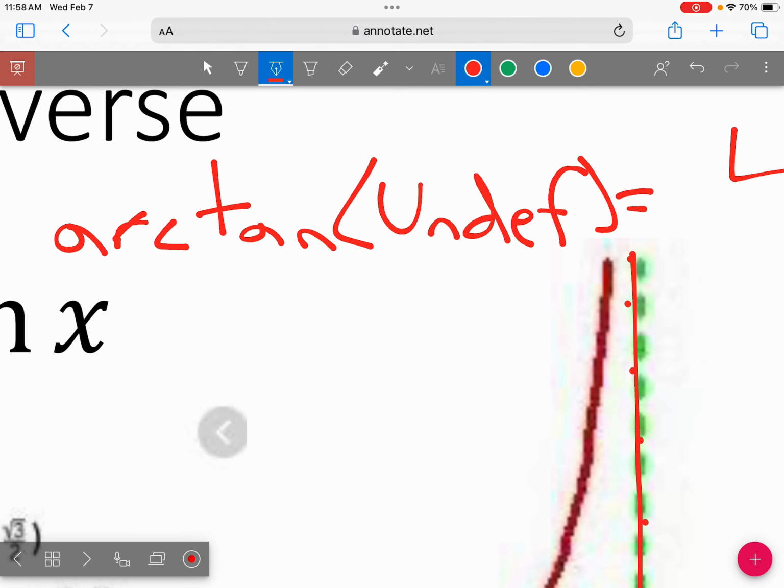You would have positive pi over 2 and negative pi over 2. That can't work. Remember, we need one input for one output. But now that we said that negative pi over 2 isn't a possibility, that means that our answer for this question is just going to be pi over 2. Does that make sense? Yeah.